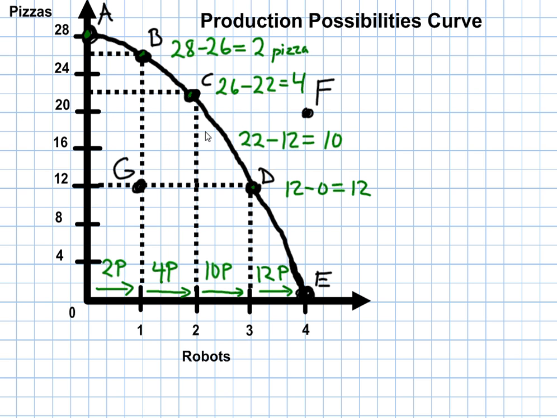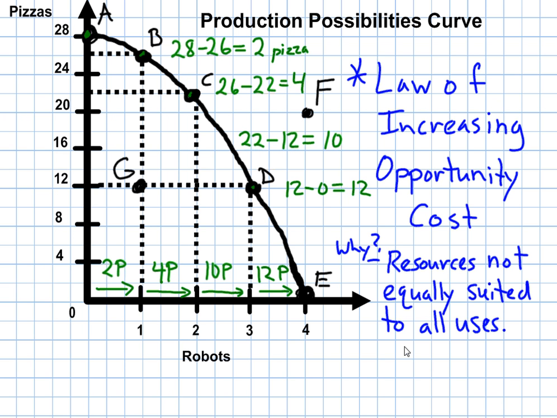That concave shape, the bowed out version, represents the law of increasing opportunity cost. So I've just added it over here on the screen. Okay, so if you see or hear a question about why this production possibility curve is bowed out, it's because of the law of increasing opportunity cost.